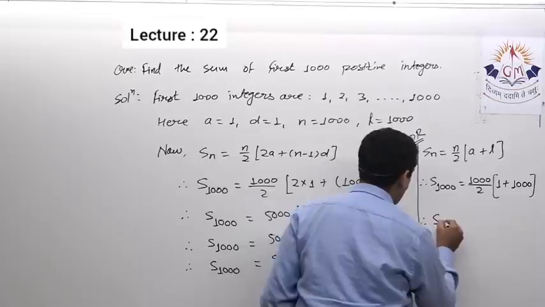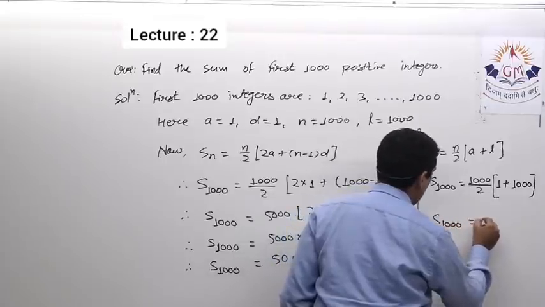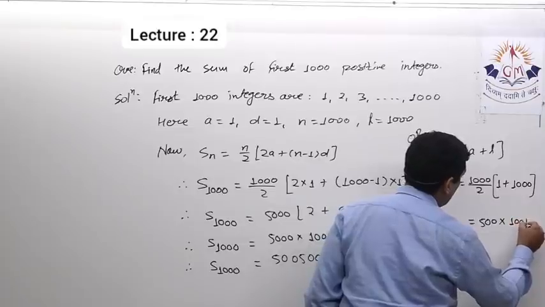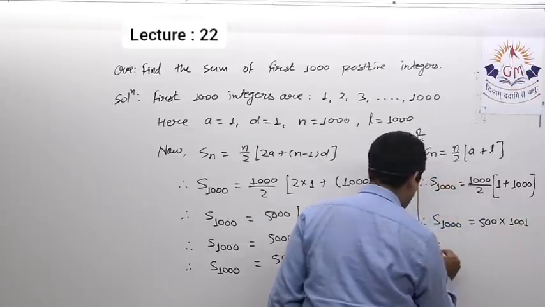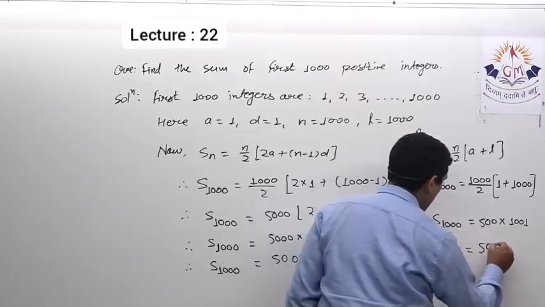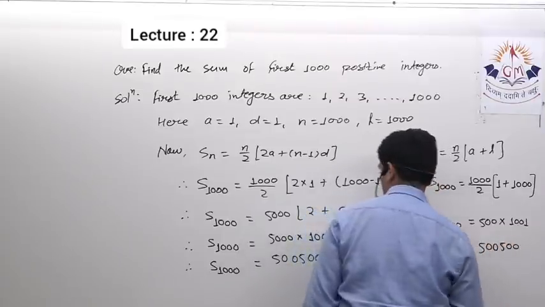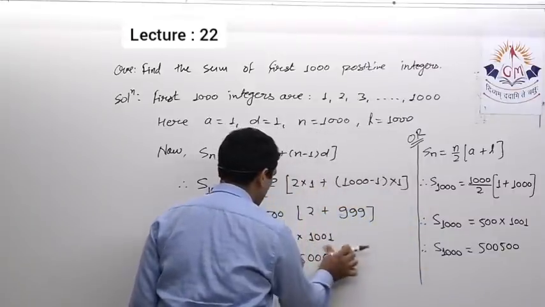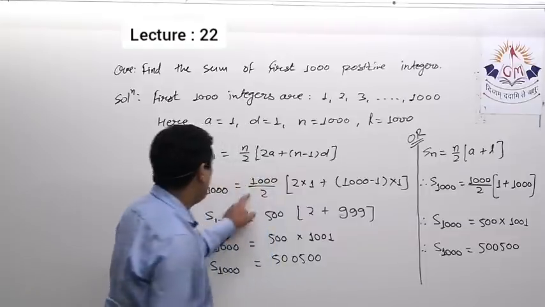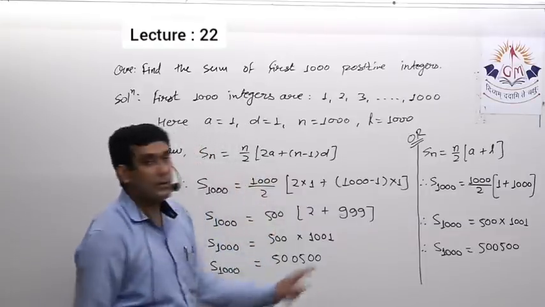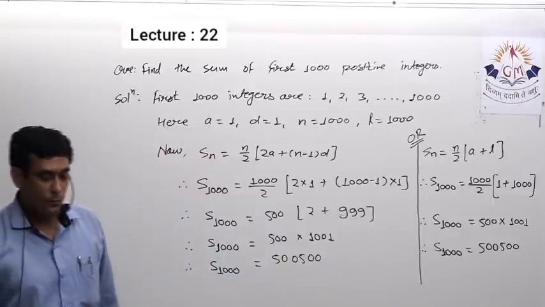Okay, so S1000 is equal to 500 multiplied by 1001. So S1000 is equal to 500500. Okay, here it is 500, not 5000. So this will be the final answer. 1000 by 2 is 500. So 500500.